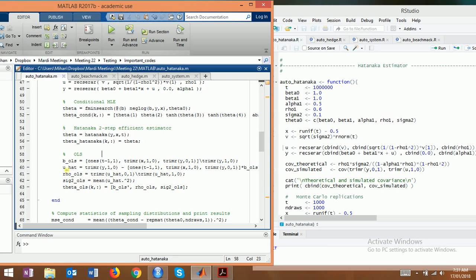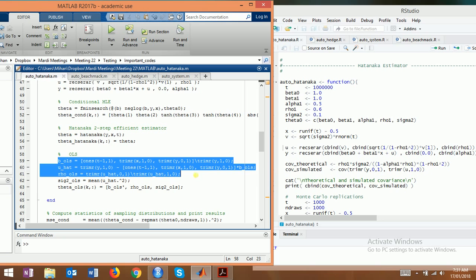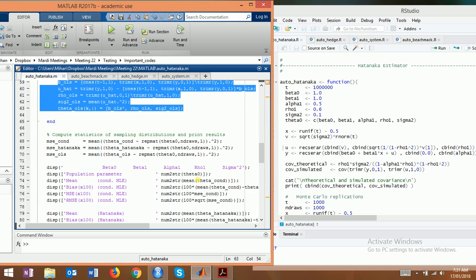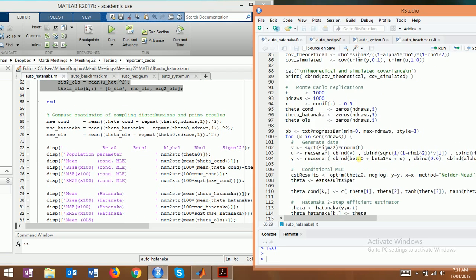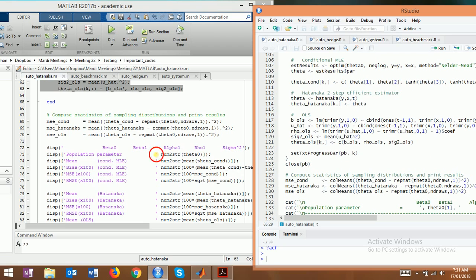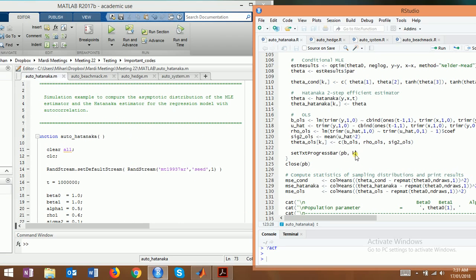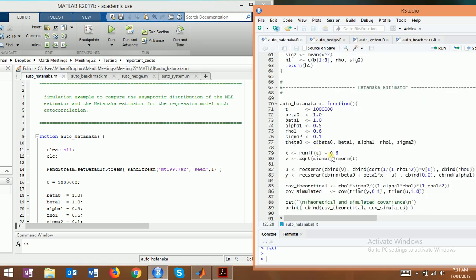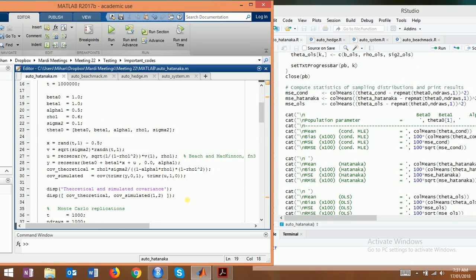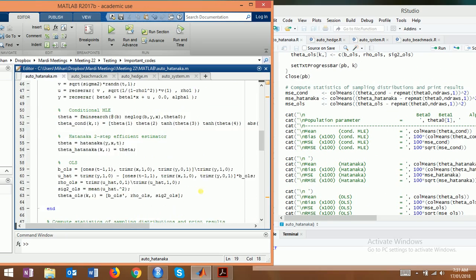And then OLS is done like this: rho general OLS, rho OLS, sigma square OLS, and then we compute the mean square errors and stuff. Hatanaka is quite big code, it might require understanding it more, especially it creates confusion in terms of lags, but I will just give a break here.